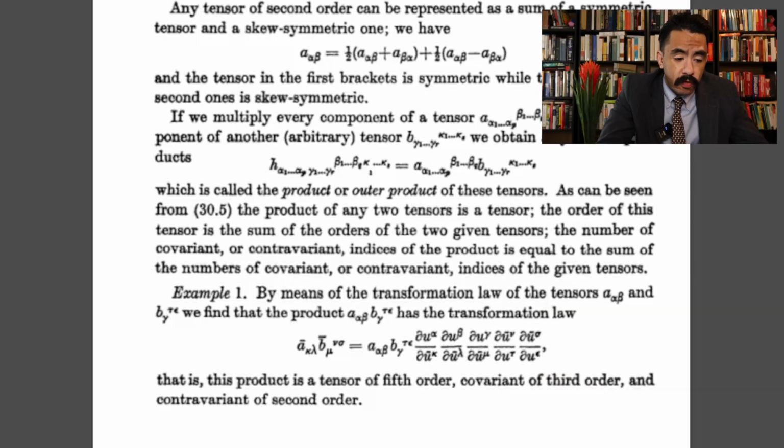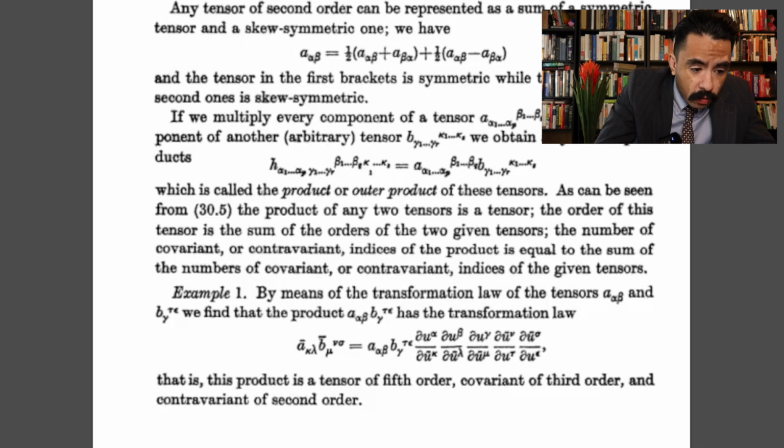Example 1. By means of the transformation law of the tensors A sub alpha beta and B sub gamma superscript tau epsilon, we find that the product A sub alpha beta times B sub gamma superscript tau epsilon has the transformation law A over bar sub kappa lambda times B over bar sub mu superscript nu sigma equals A sub alpha beta times B sub gamma superscript tau epsilon times partial u alpha partial u over bar kappa times partial u beta partial u over bar lambda times partial u gamma partial u over bar mu times partial u over bar nu partial u tau times partial u over bar sigma partial u epsilon.